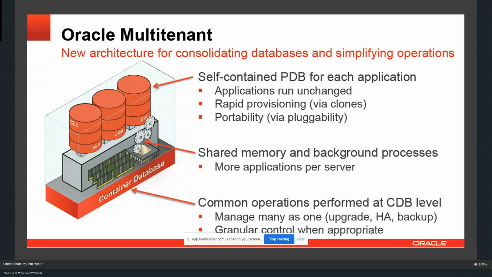If I had to consolidate, I'd be doing a schema level consolidation, but that has its own limitations: managing resources, managing security, public synonyms, a lot of challenges. So with this architecture, you can still consolidate databases using multitenant architecture and avoid all those limitations and challenges.